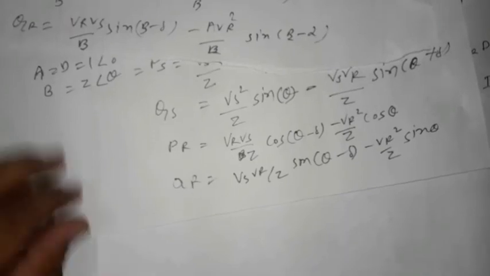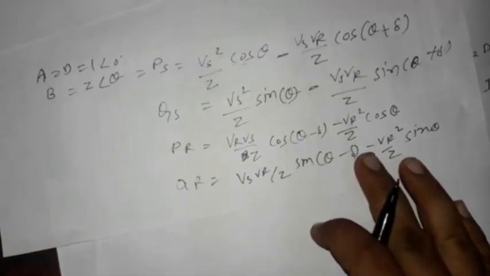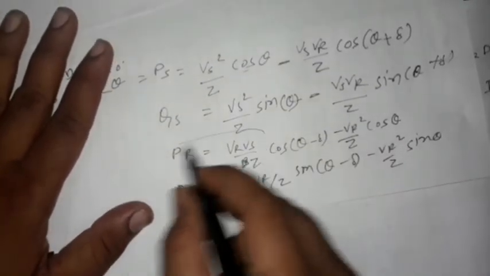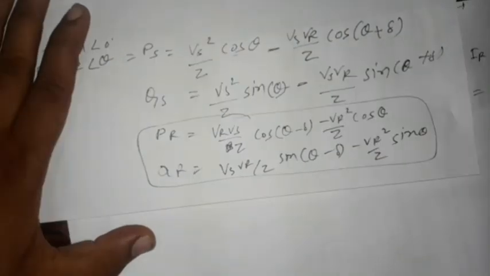So this is the equation of receiving end power for a transmission line. Compared to the reactance, we neglect the value of resistance.